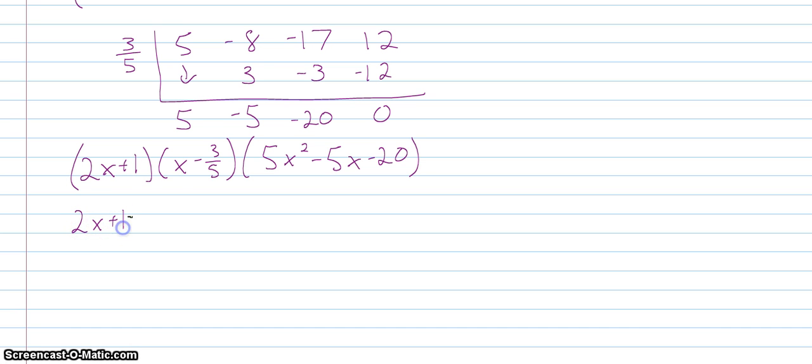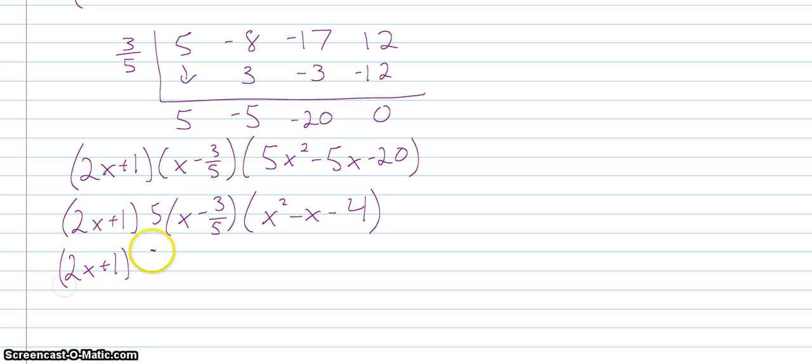And I'm just going to go ahead and put my 5 next to it, so I know that I'm going to multiply that through. Now I'm looking at this and we see, well, we need a product of -4 but a sum of -1.